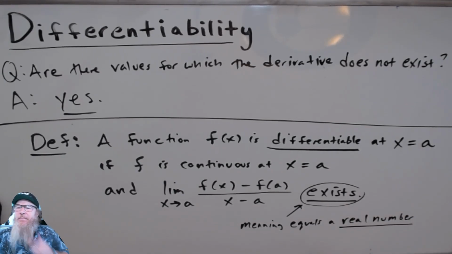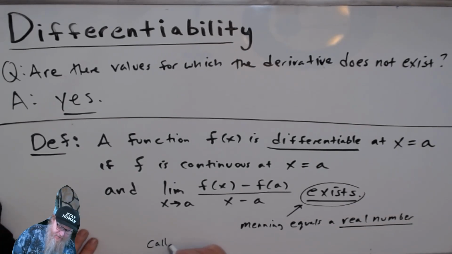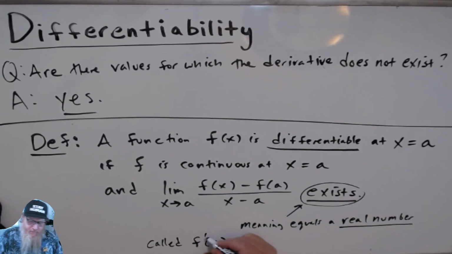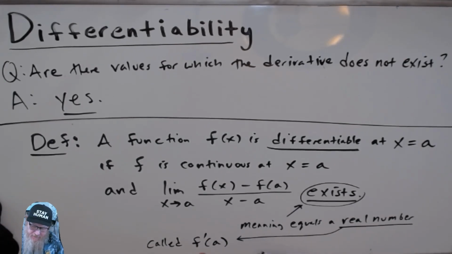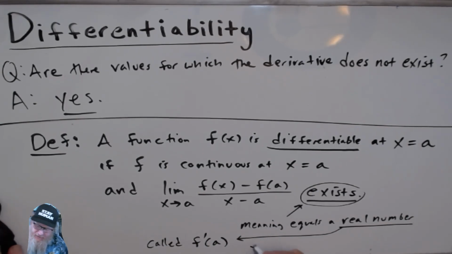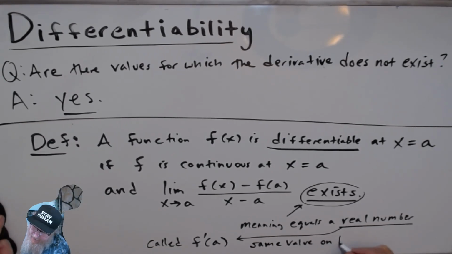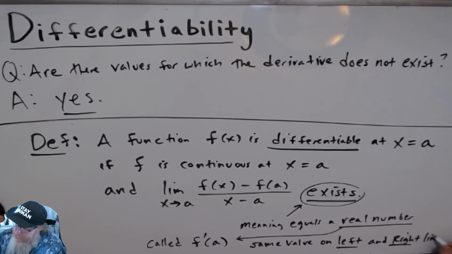And that real number is called f prime of a. So this is actually a number, a value. And it's the same value on the left and the right limits.